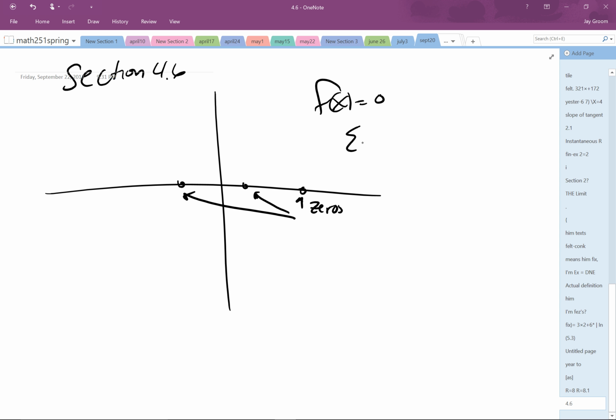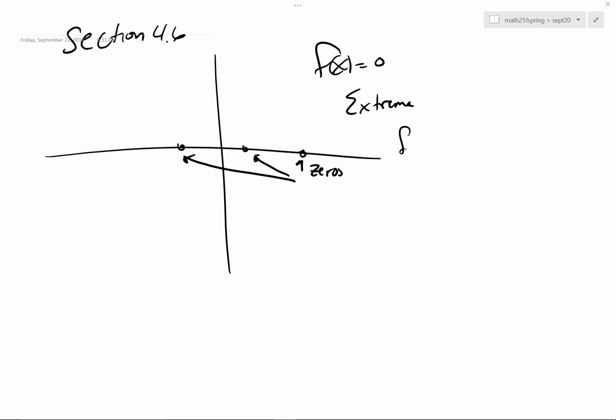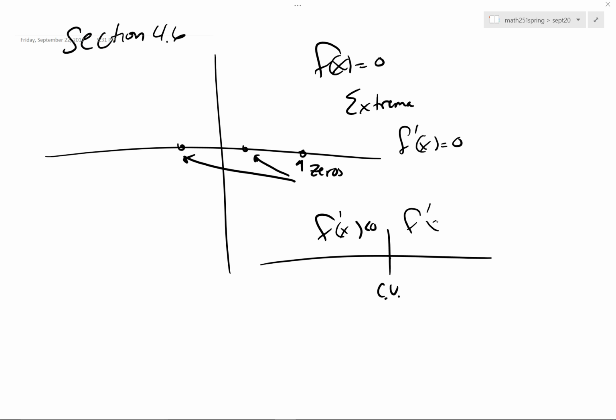We're going to be looking for extrema. Extrema, what does that mean? Well, we're going to be looking for where the first derivative equals 0. While we've got that first derivative, remember, if this is a critical value, that is where the derivative is 0, the derivative might be negative on one side and positive on the other side.